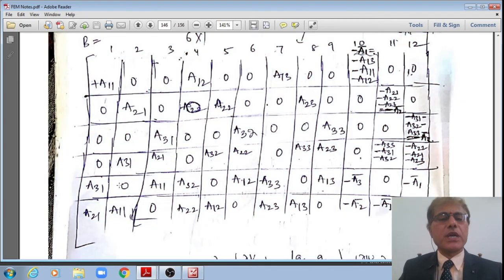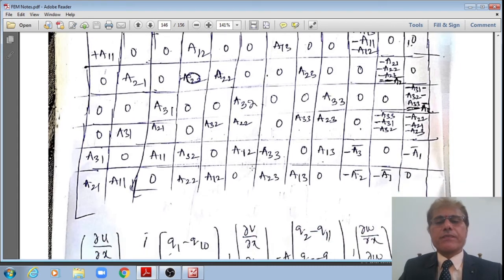In a similar fashion you can do the other two rows as a31, 0, a11, a32, 0, a12, a33, 0, a13, minus a3 bar, 0, minus a1 bar. And the last row as a21, a11, 0, a22, a12, 0, a23, a13, 0, minus a2 bar, minus a1 bar, 0, respectively.